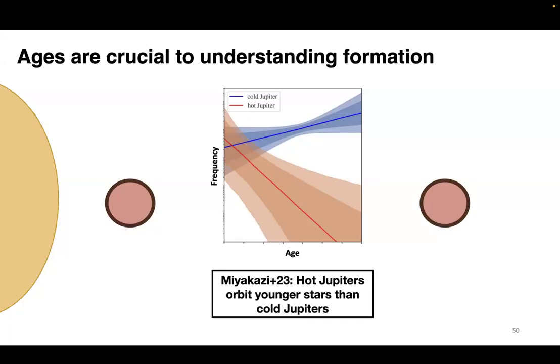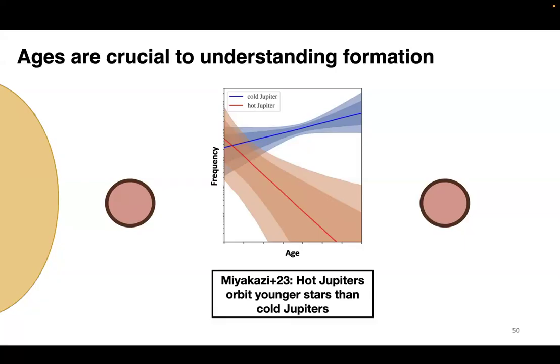You can see the frequency on the y-axis and the age on the x-axis here. I've just labeled them to make them a bit simpler, but that's what the labels actually meant in the paper. The blue line is cold Jupiter occurrence as a function of age, and hot Jupiter is the red line. Now, they didn't have an enormous sample in this paper, but you can see there's a very distinct difference.